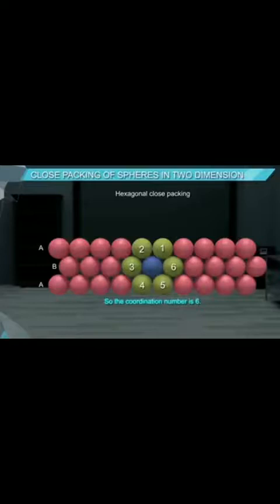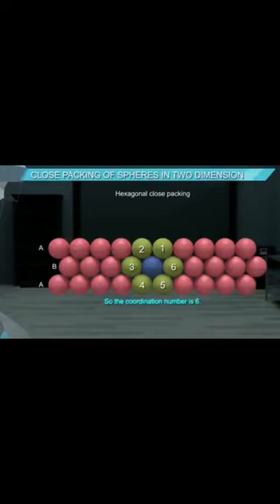Now here the blue sphere, we have considered this sphere, this atom or the particle, it has been touched with the 6 other spheres around it. So the coordination number is 6 here, and therefore you can see the spheres which are touching the blue sphere are arranged in the form of hexagon, right?